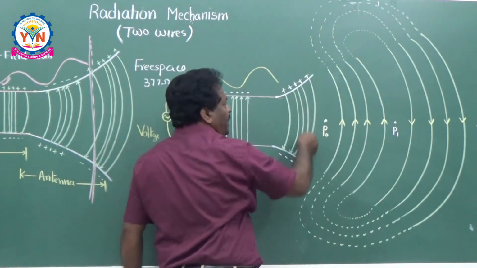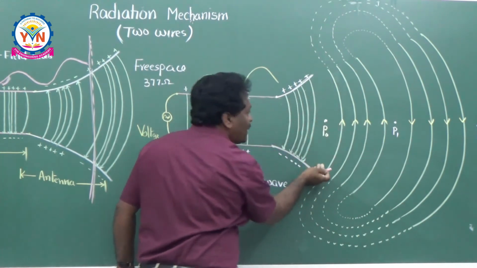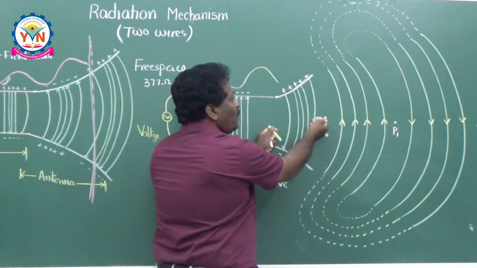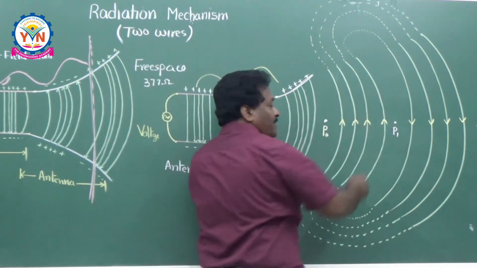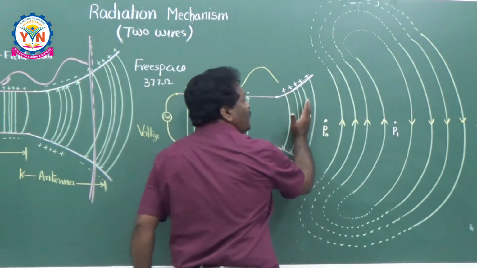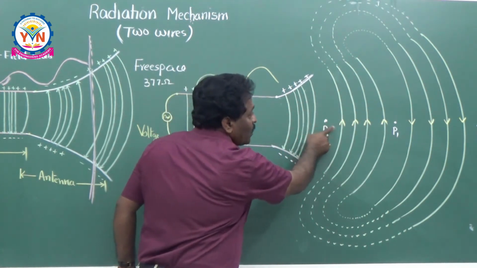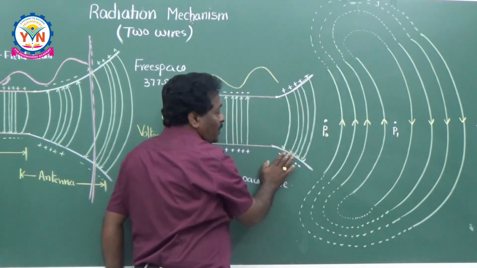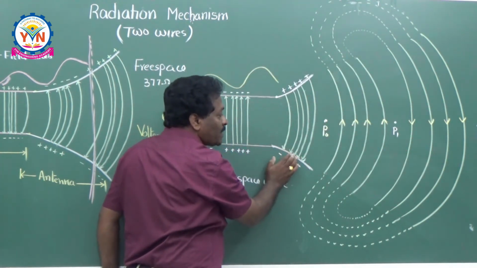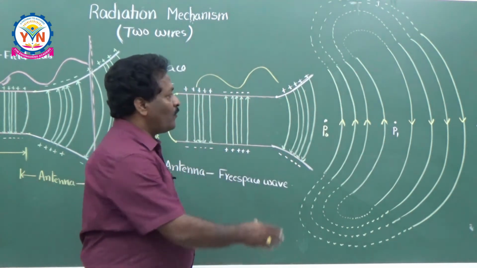Once it is truncated, there is no question of any conducting system here to sustain your electromagnetic waves. So definitely the waves have to leave this place. Once the waves are leaving this place, they are going to form closed waves like this. For example, in order to explain this concept very clearly, I have taken 5 lines of force here.